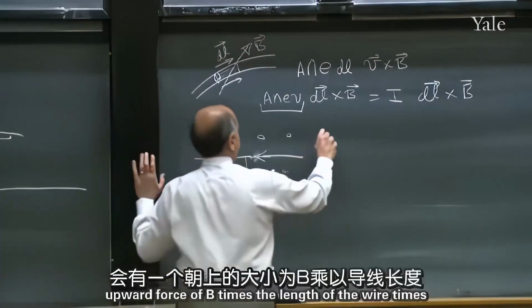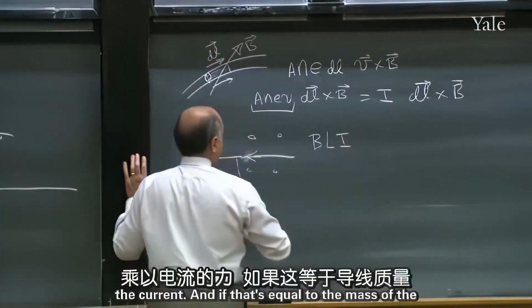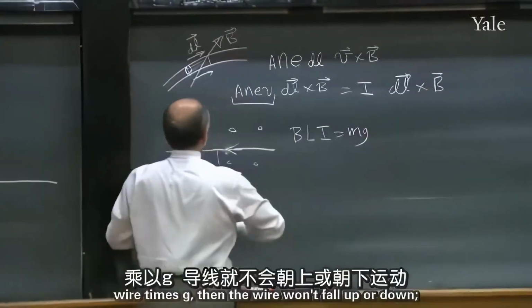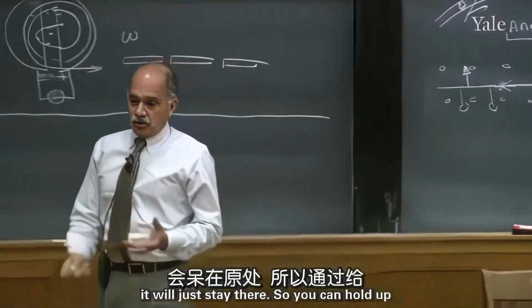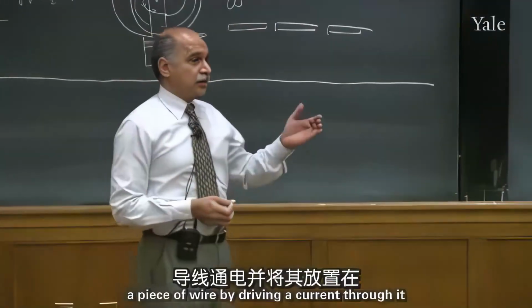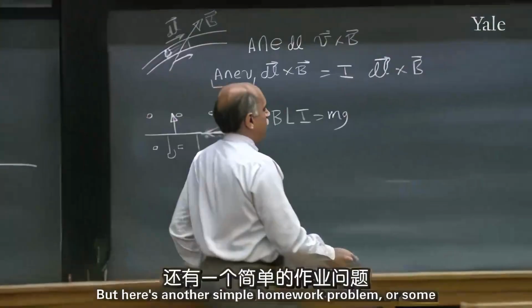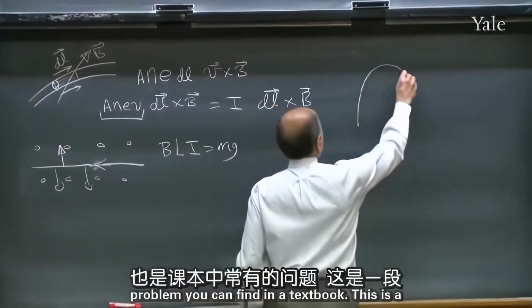There will be an upward force of B times the length of the wire times the current. And if that's equal to the mass of the wire times g, then the wire won't fall up or down. It'll just stay there. So you can hold up a piece of wire by driving a current through it and putting it in the magnetic field.